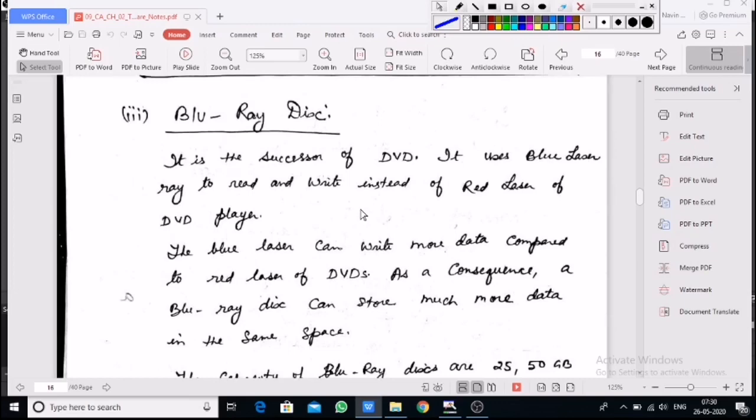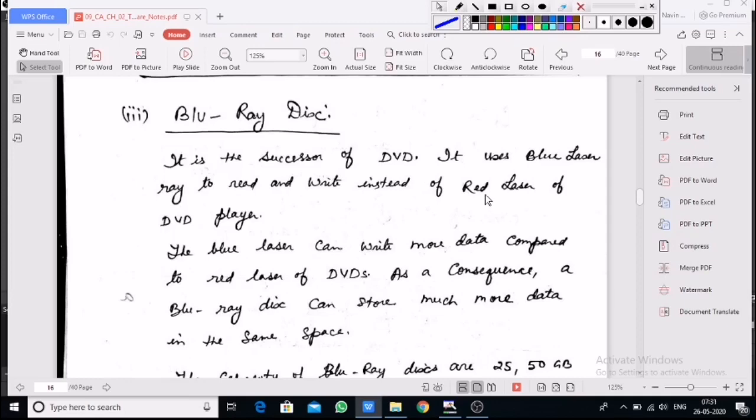Blu-ray disc is the successor of DVD, an advanced form of DVD which contains more data than DVD. And what is the technology behind it? It compresses the data and then writes the data so that more data fits on a Blu-ray. Blu-ray uses a blue laser to read and write the data, and DVD uses a red laser.